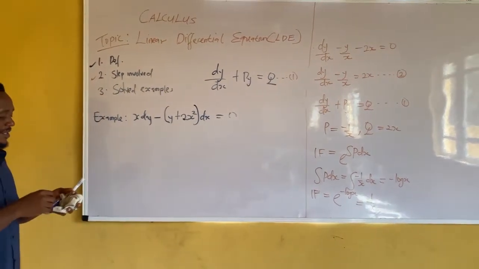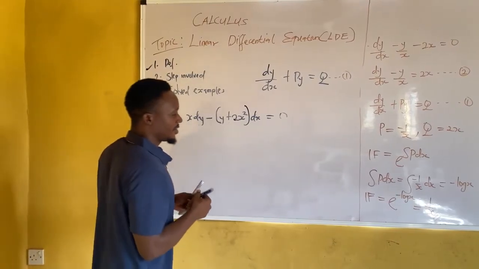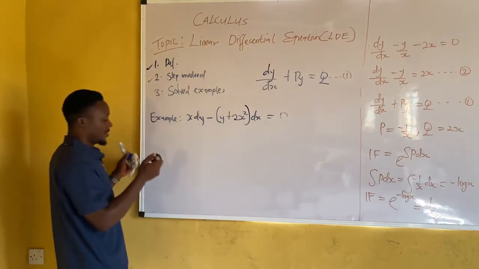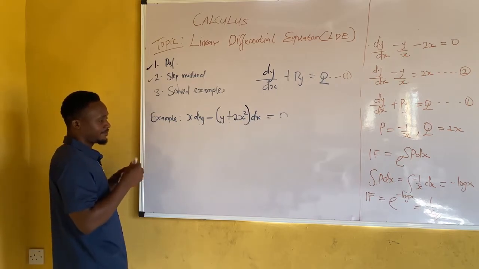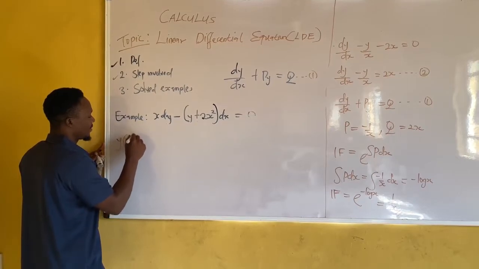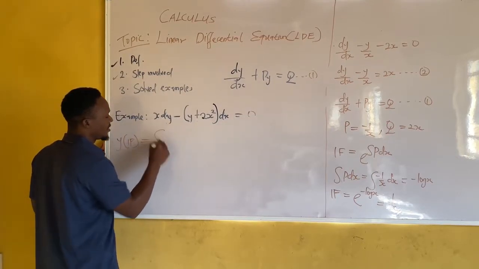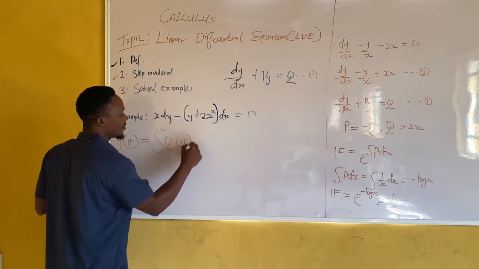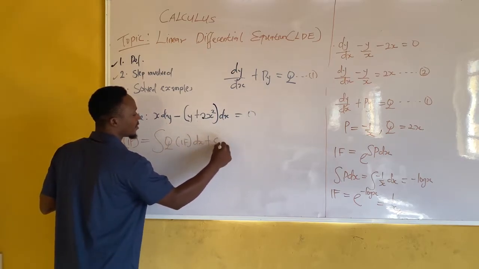Now, let's proceed to our final step, which is the general solution formula for the linear differential equation. It's given by y times integrating factor is equal to the integral of q times integrating factor dx plus our constant.